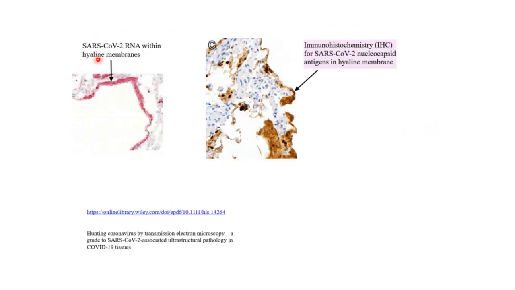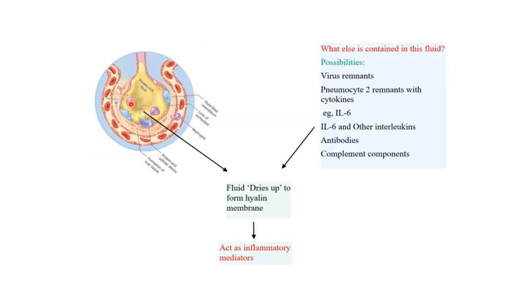Nice staining here, SARS-CoV-2 RNA within hyaline membranes. In this one, immunohistochemistry for SARS-CoV-2 nucleocapsid antigen in hyaline membrane. We have to consider what else is included in this protein-rich fluid in the alveolar space.